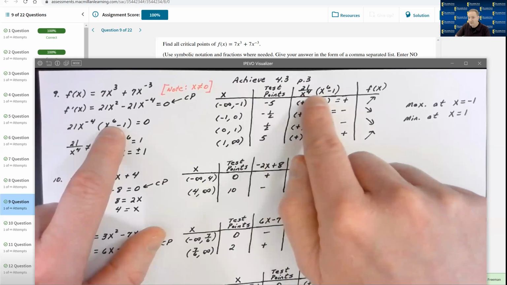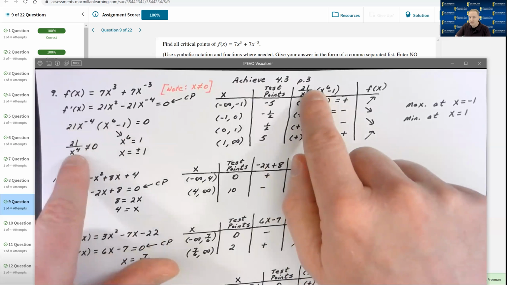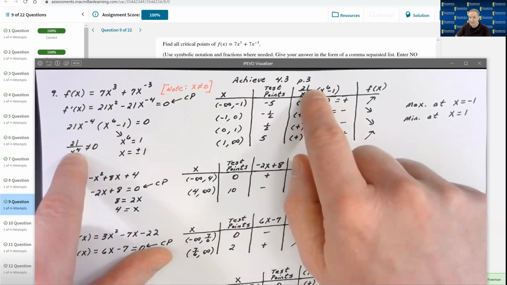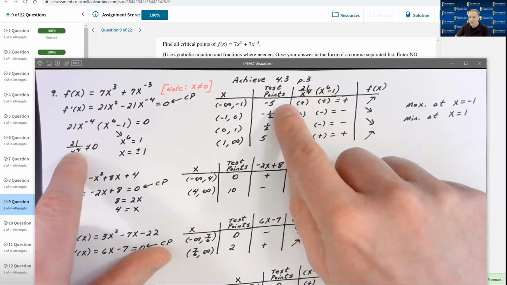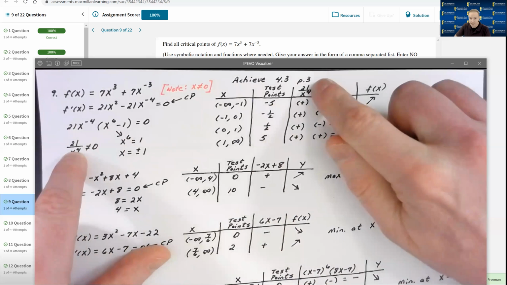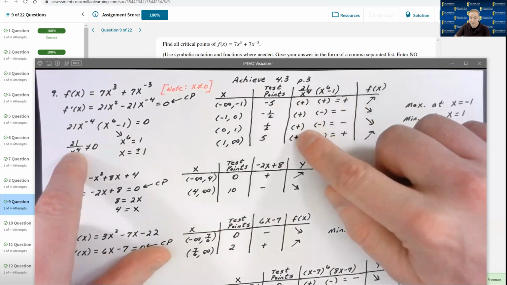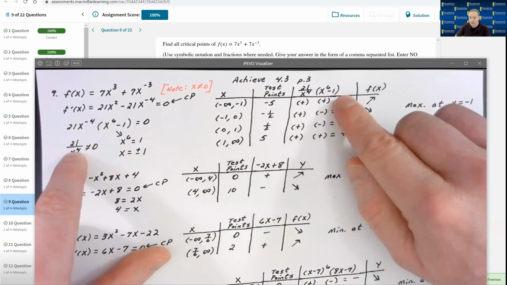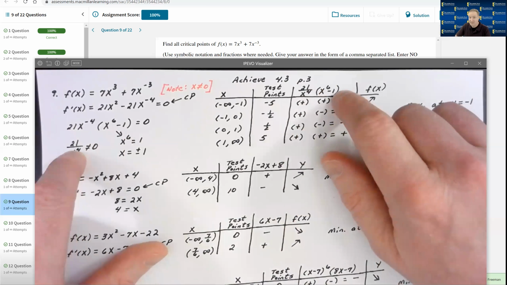Now, the first thing I do, and notice the 21 over x to the fourth, it didn't contribute to any critical points. It's also not going to contribute to any sign changes, because no matter what you plug in for x, 21 over x to the fourth power is always a positive factor. So the only factor that's going to contribute to a sign change is the second one.